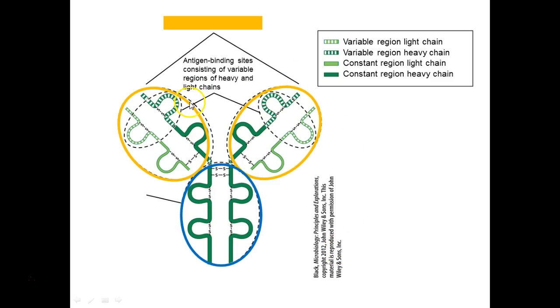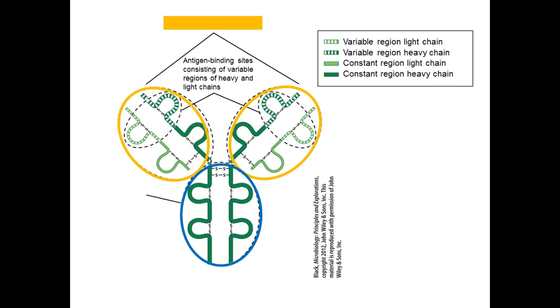So these 2 portions up here, which are identical, they're just mirror images of each other, circled here in orange. They contain the region that's variable, what makes each antibody produced by each individual B cell unique.